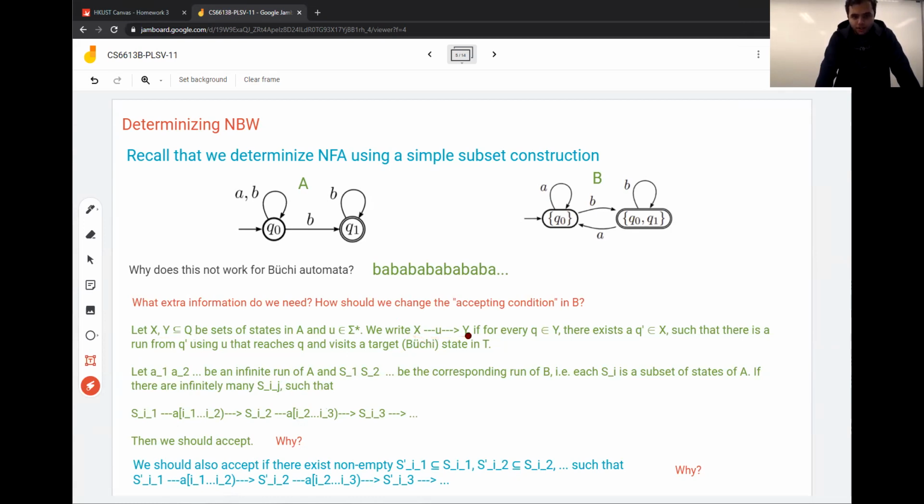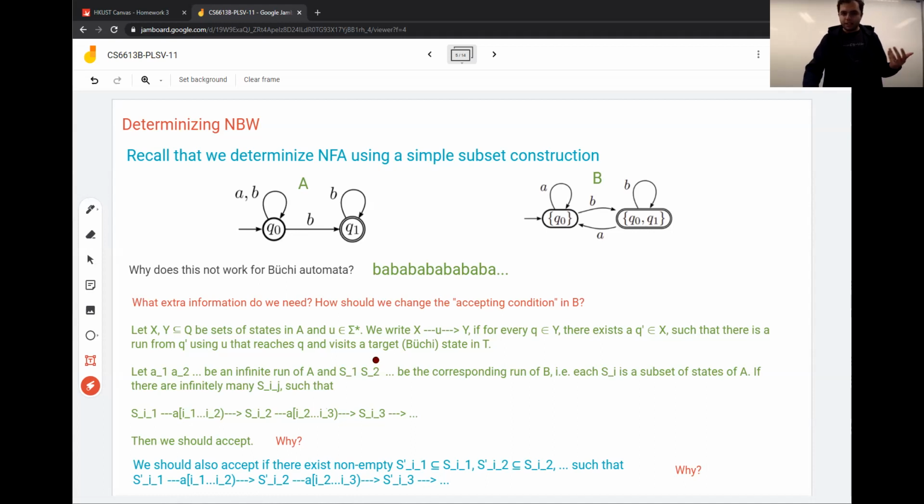And when I write this, what I mean is that for every state Q in Y, there is some other state Q prime in X, such that there is a run from Q prime, conforming with the word U, that reaches Q. And additionally, I also want this run to visit one of the target states, one of the Büchi states, somewhere in it.